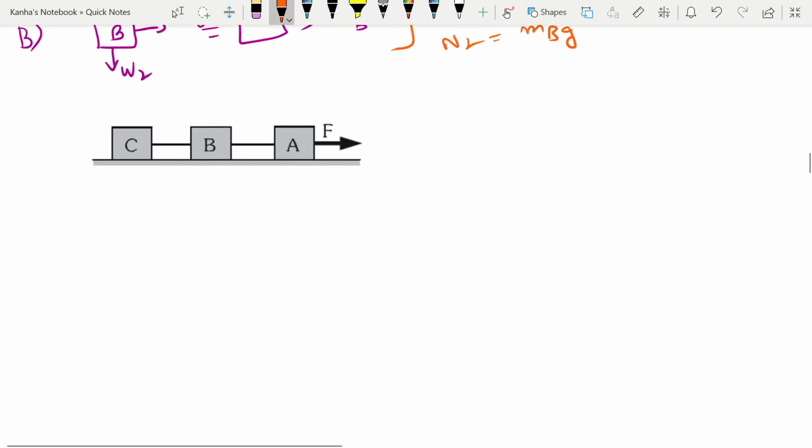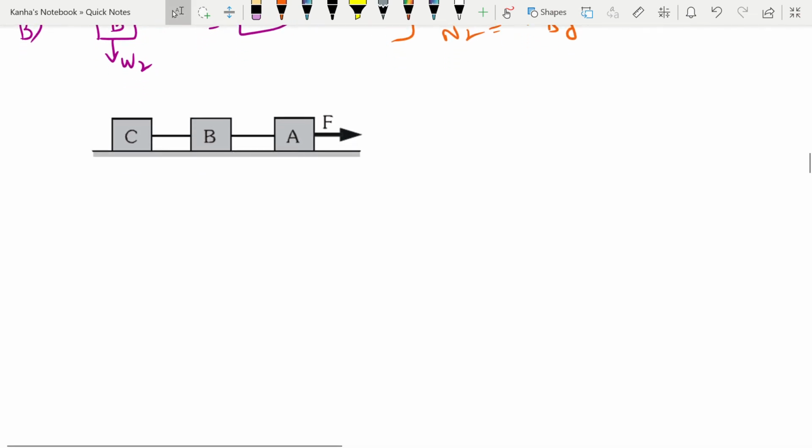Let's move to another problem. This is similar to the one that we just did, so I'll not make the free body diagram for the entire thing, and I'll not write the equations for this, those are similar. So for A, as soon as I get A, I can find there are three contacts.